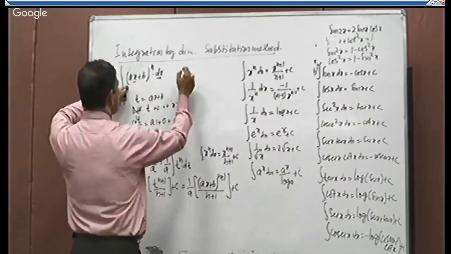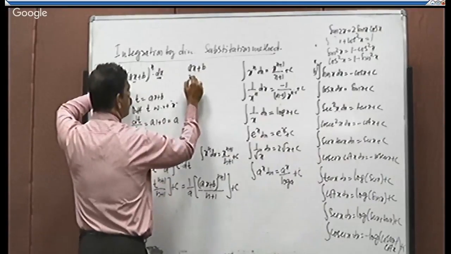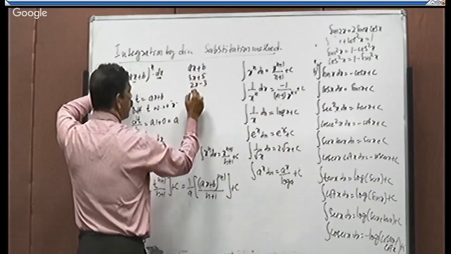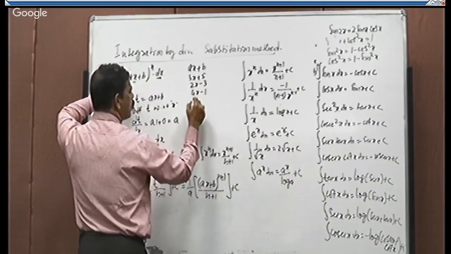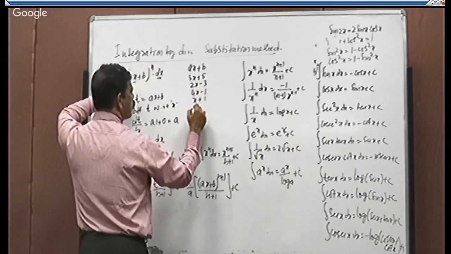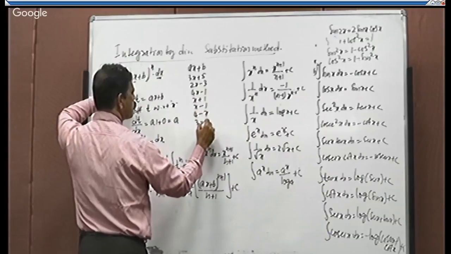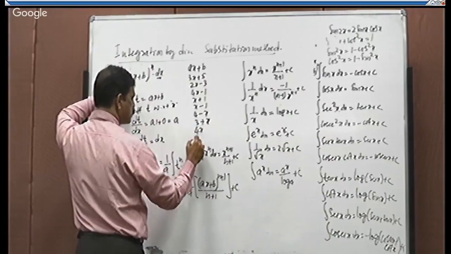What is the meaning of ax plus b? A and b are constants. It may be 3x plus 5, 2x minus 3. It may be 4x plus or minus 1. It may be x plus 1, x minus 1, or 4 minus x, or 3 plus x, or only 4x, 2x.